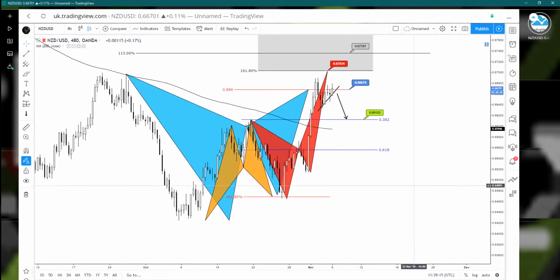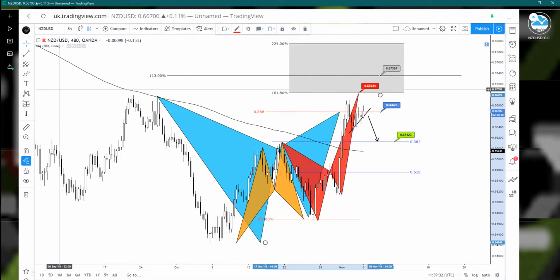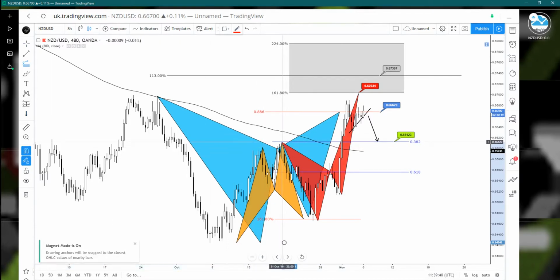So based on the most recent price action, we are now trading the 88% retracement, the default Fibonacci level for the BAT pattern at 88% retracement. Let me just add the extension from this previous swing. I will search for the 127 extension.